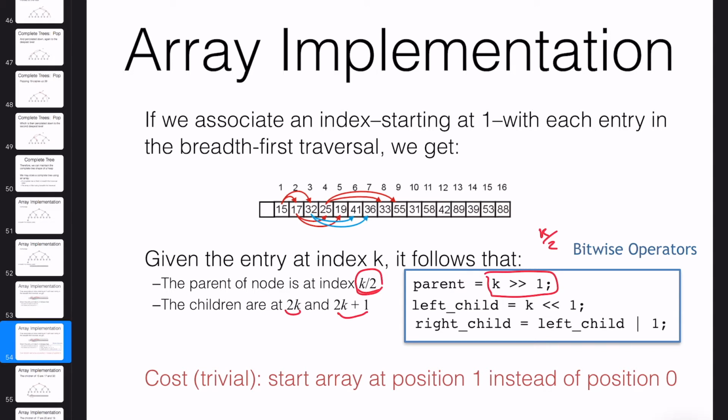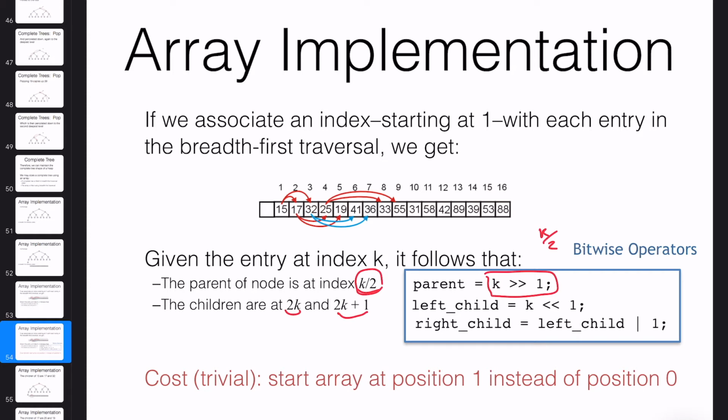Although nowadays, with fast computers, this won't make a big difference on a regular basis, if you have implemented a priority queue that works over a large amount of data, moving from regular division and multiplication to bitwise operators makes a difference in efficiency.